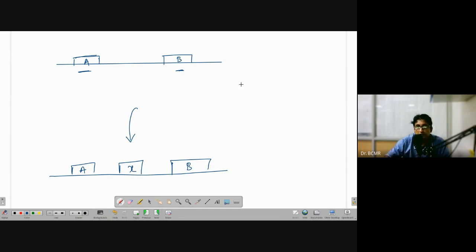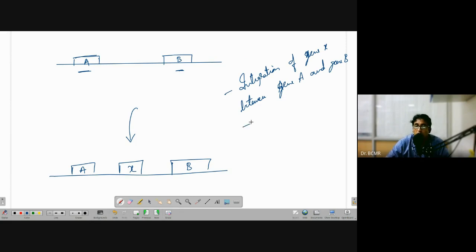So the statement here is integration or gene targeting, you can say integration of gene X within the intergenic region of A and B, between gene A and gene B. That's not sufficient. We also have one more clause, which says, and nowhere else.